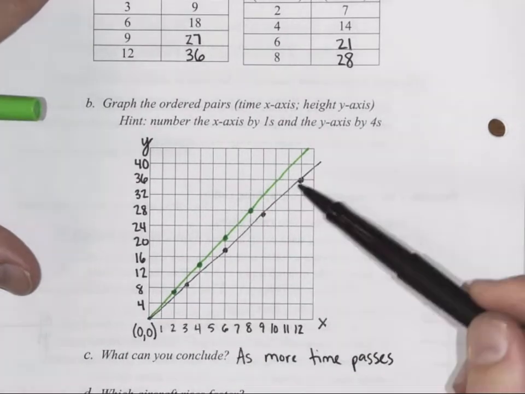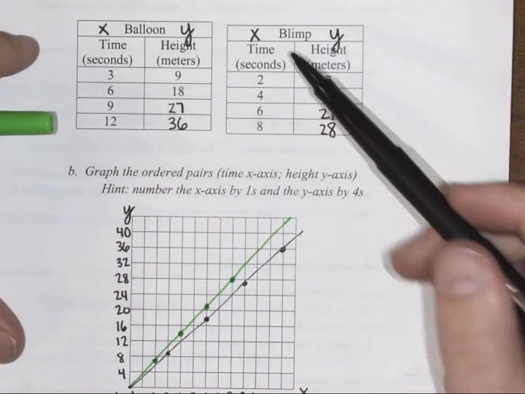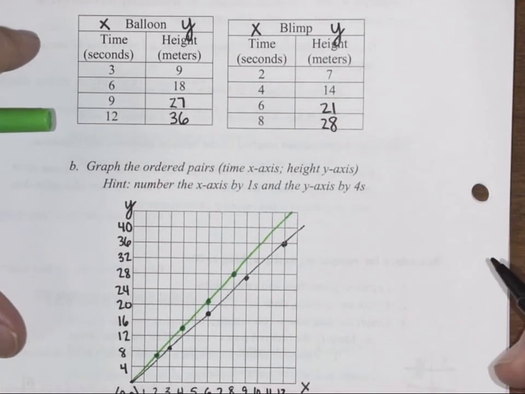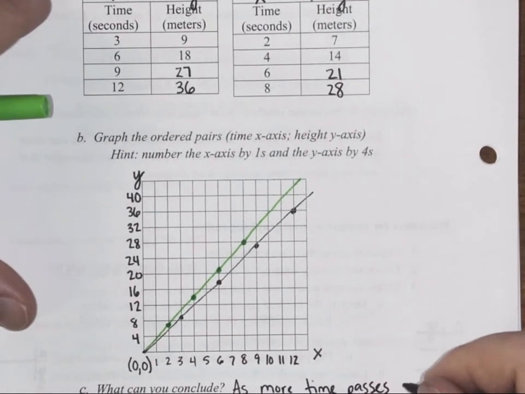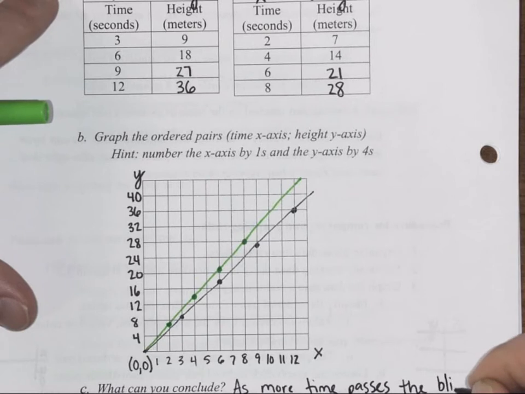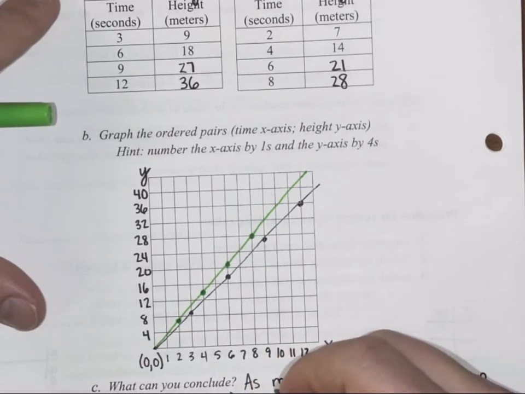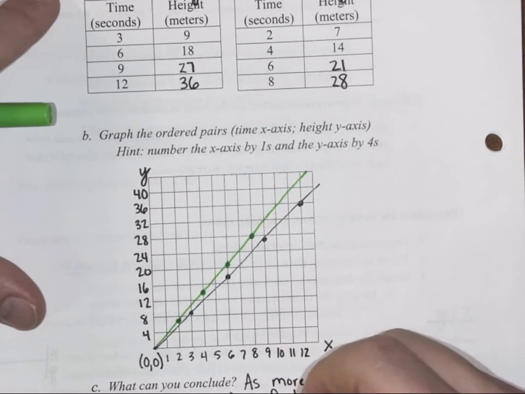Well, we can tell from our colors here that the second one, the blimp, is rising at a faster rate. The blimp rises faster.